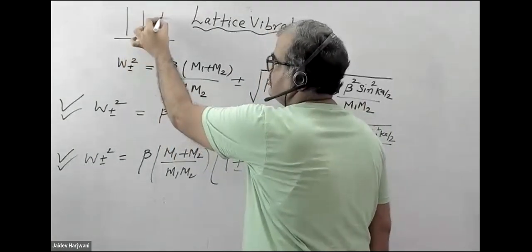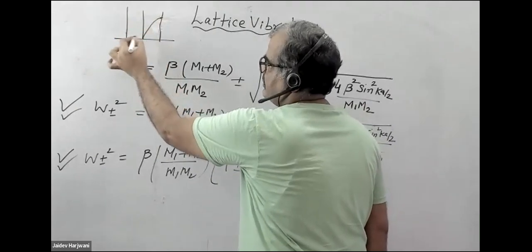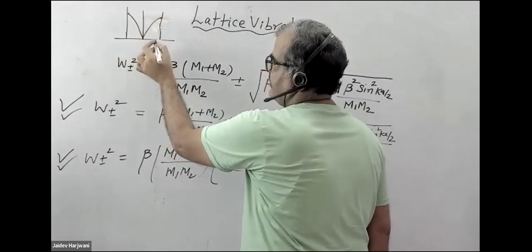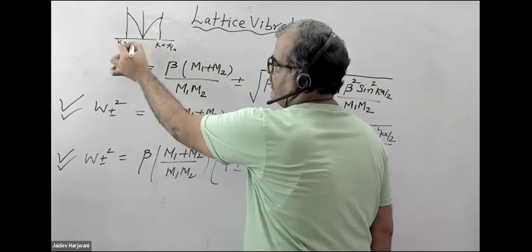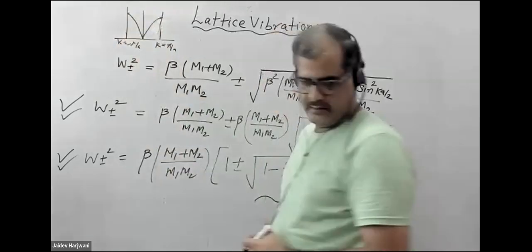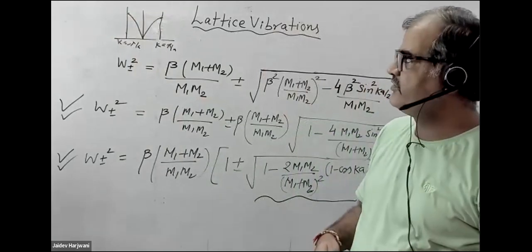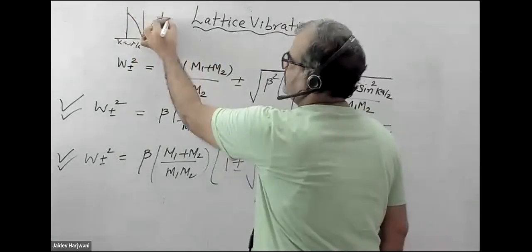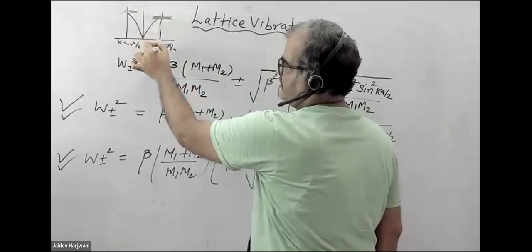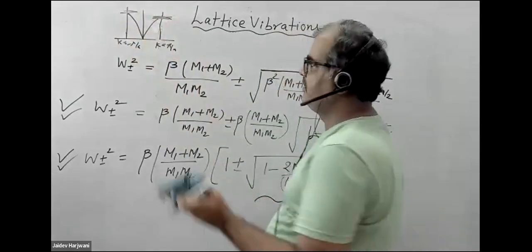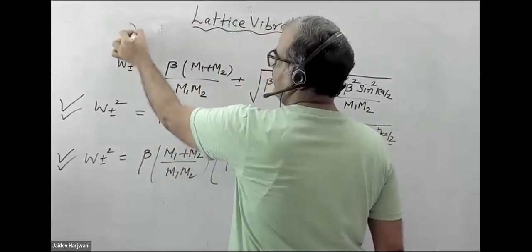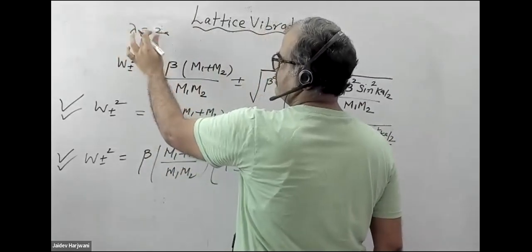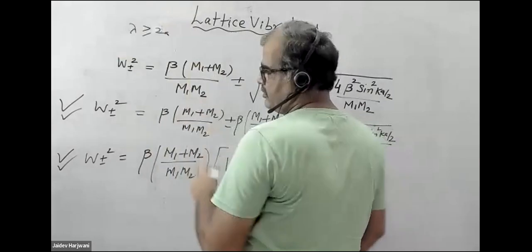This is my cutoff frequency, at k equal to pi by a and k equal to minus pi by a. This frequency is the cutoff frequency, and the corresponding k gives lambda, that is the cutoff wavelength. I told you your lambda can be minimum up to 2a, so lambda should be equal to or greater than 2a.